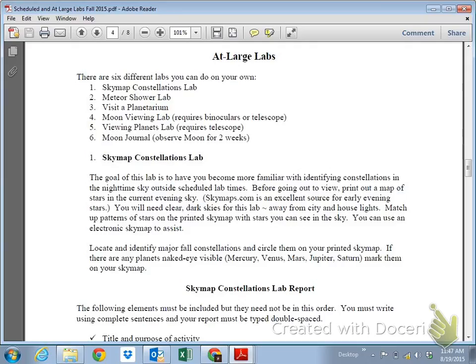For the Constellations Lab, you need a map because this is going to be part of your report. It doesn't have to be this one, but if you want this one, it's skymaps.com. I'll give a new one for September.